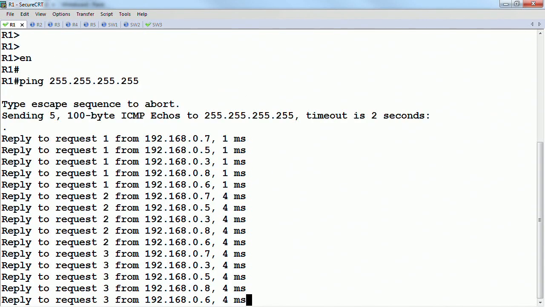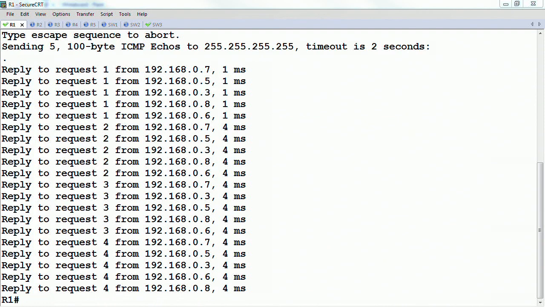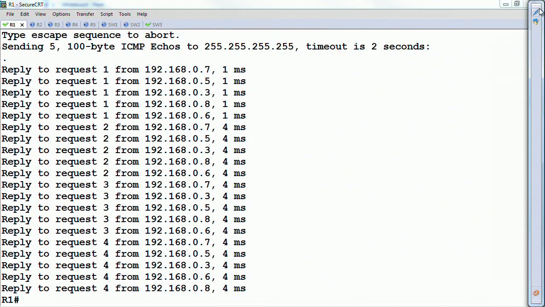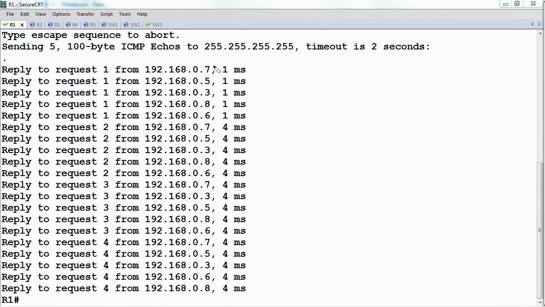So it means that in my VLAN, I have the host .7, 5, 3, 8, and 6.